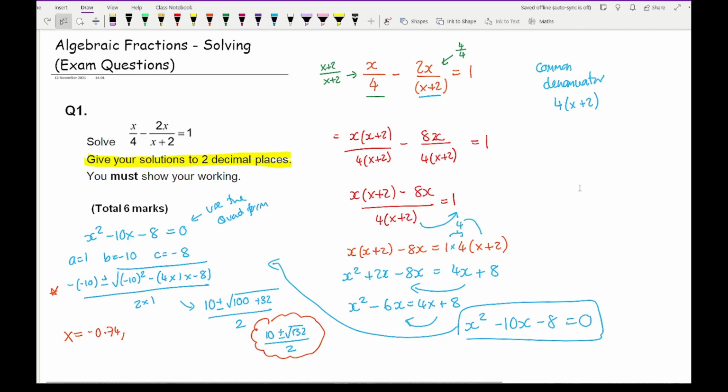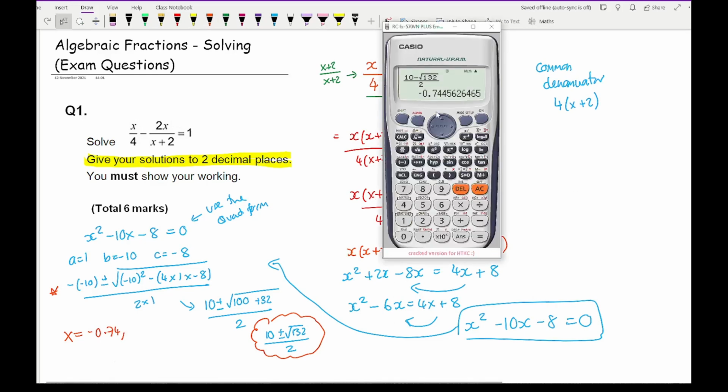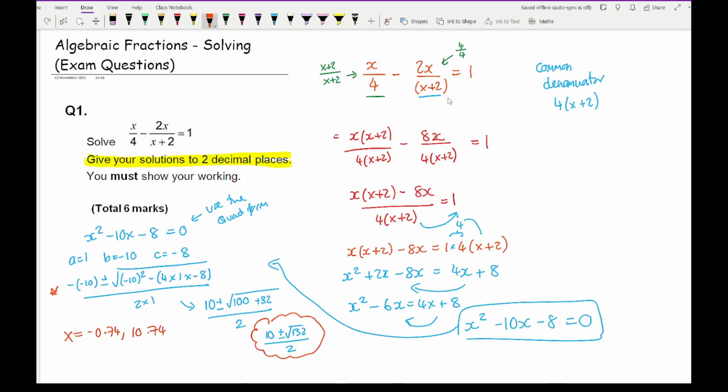And then my second solution is, if I just scroll and change that minus to a plus and press equals, it's going to be 10.74, and there are my 2 solutions to 2 decimal places.